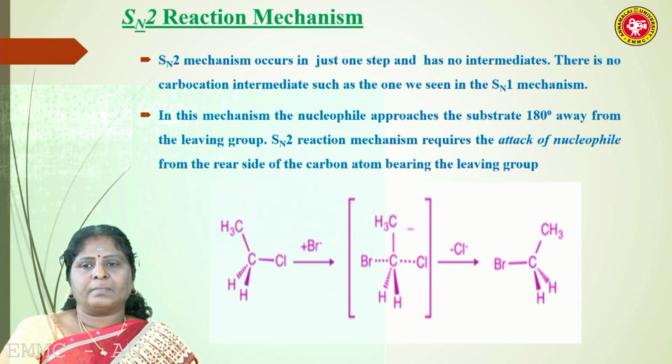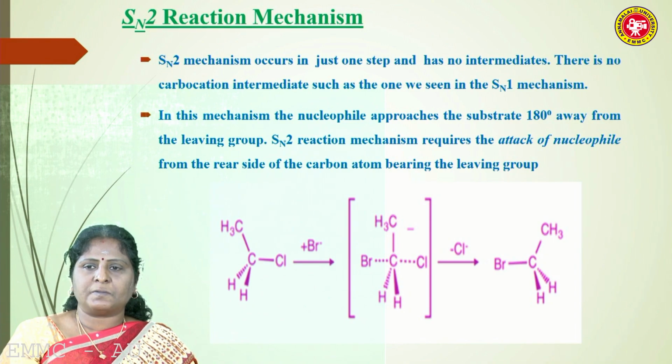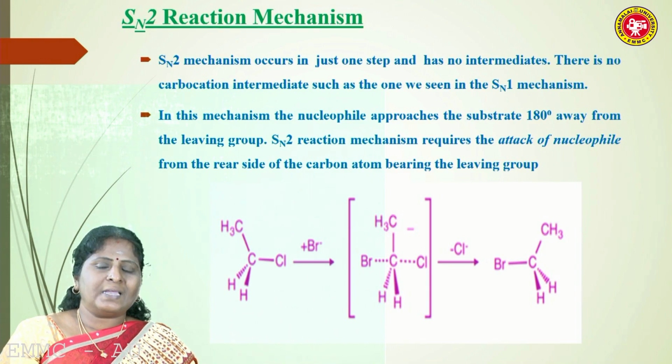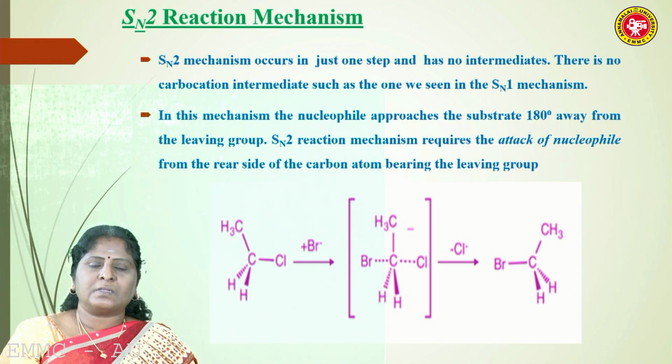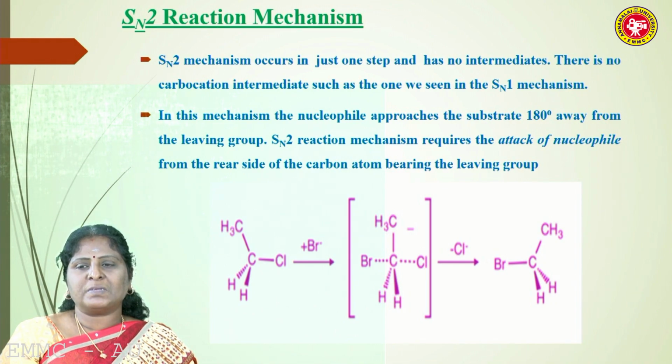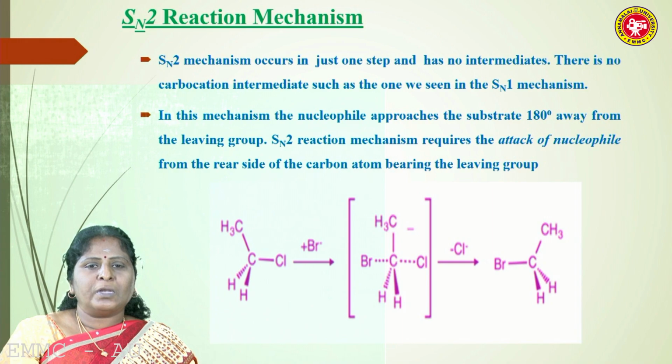The second mechanism is the bimolecular mechanism, the SN2 reaction mechanism. The SN2 mechanism occurs in just one step and has no discernible intermediate, as we have seen in the SN1 mechanism. In this mechanism, the nucleophile, in the given example Br minus, approaches the carbon bearing the nucleofuge, that means the leaving group, only from the back side.